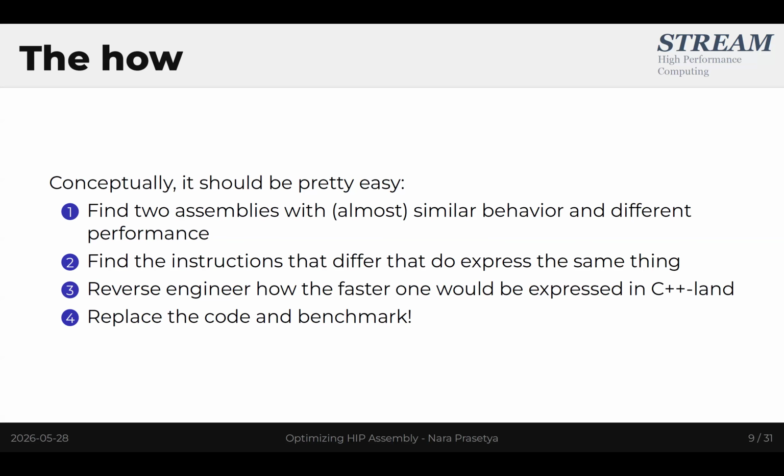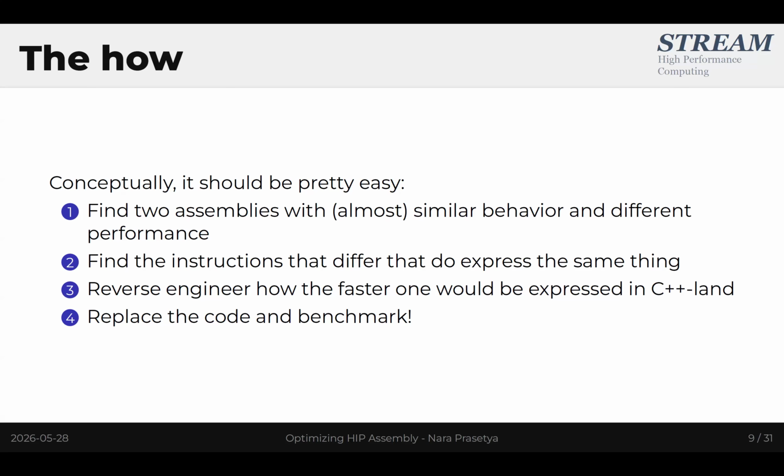So conceptually, what we can do here is pretty easy. If we have some code that is quite optimal, for example, we gave the compiler more budget to optimize things, or we had a good version of a compiler and suddenly it regresses, we can compare the two assemblies. If we have two things that are very similar in behavior but have different performance, we can just look at the generated code and revert the difference.